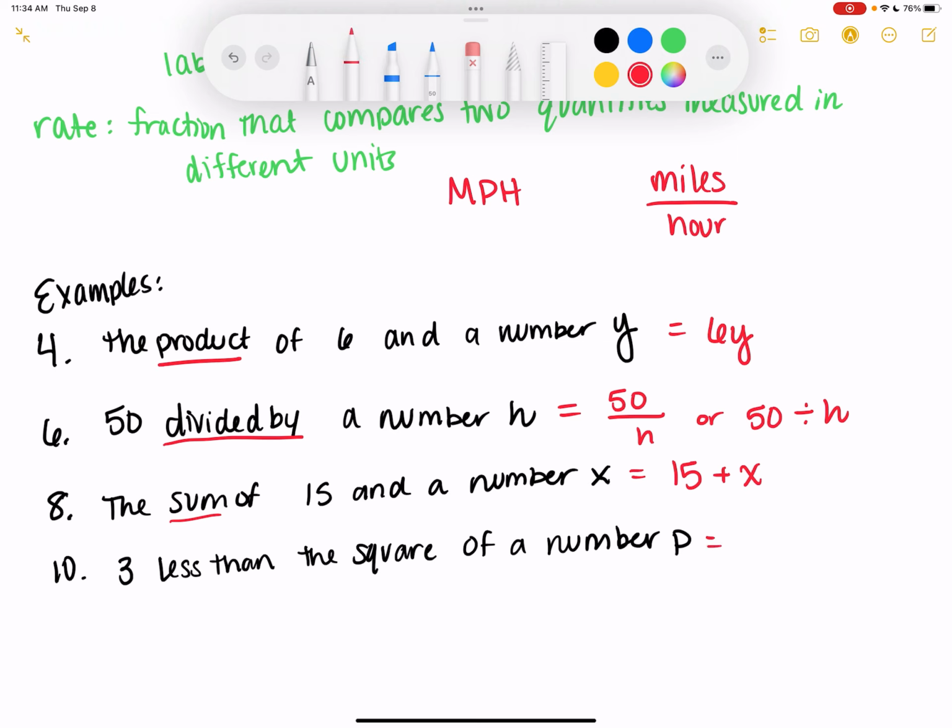So what do you notice about this one? It has 2 operations. Okay, so what 2 operations do we have? Less than. Which symbolizes what? Minus. Okay, so I'm going to put a minus sign there. And then what else? Square.